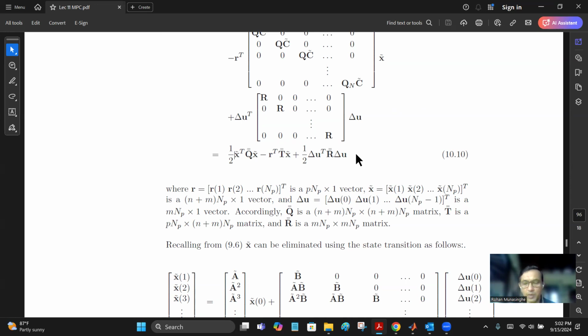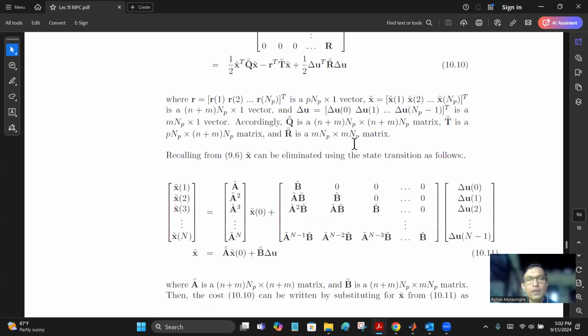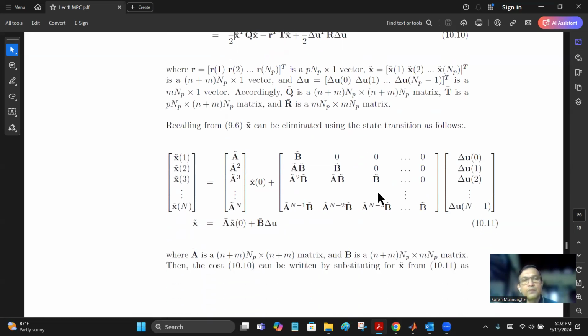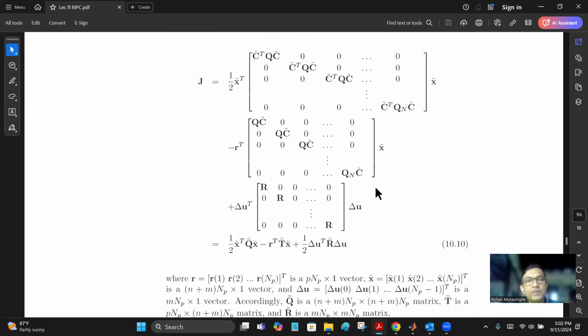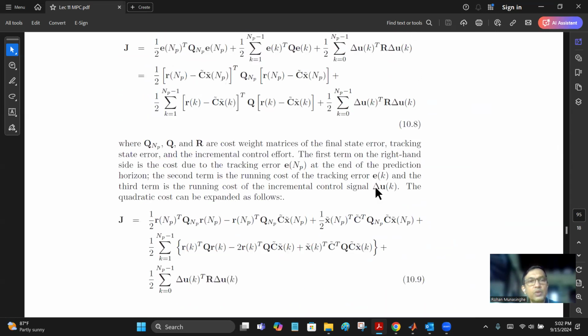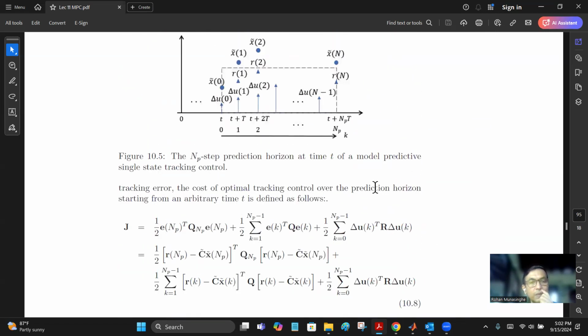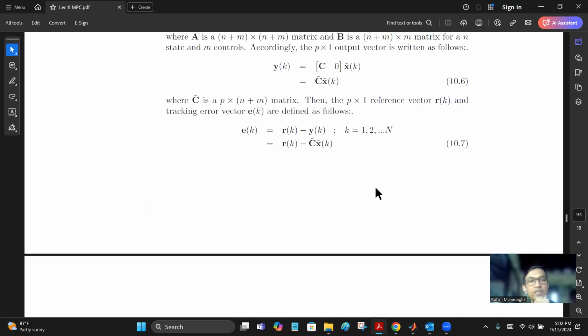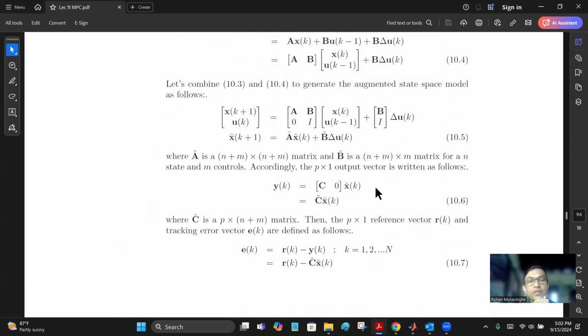That is the state space model of the transferred system. So what is that? I can show you the state space model we derived, which is this one: x tilde k plus 1 is equal to a tilde xk plus b tilde delta u.